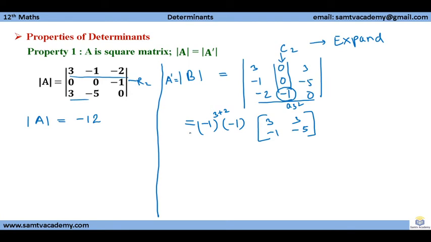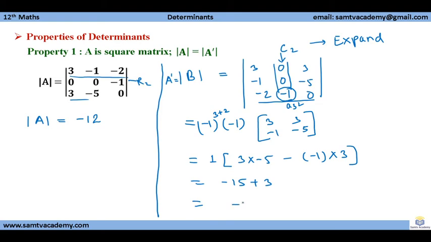As we know, 3 plus 2 is 5, which is odd, so it gives a negative sign, and the negative will become positive 1. If we solve this, 3 into minus 5 minus 1 into 3 gives minus 15 plus 3.